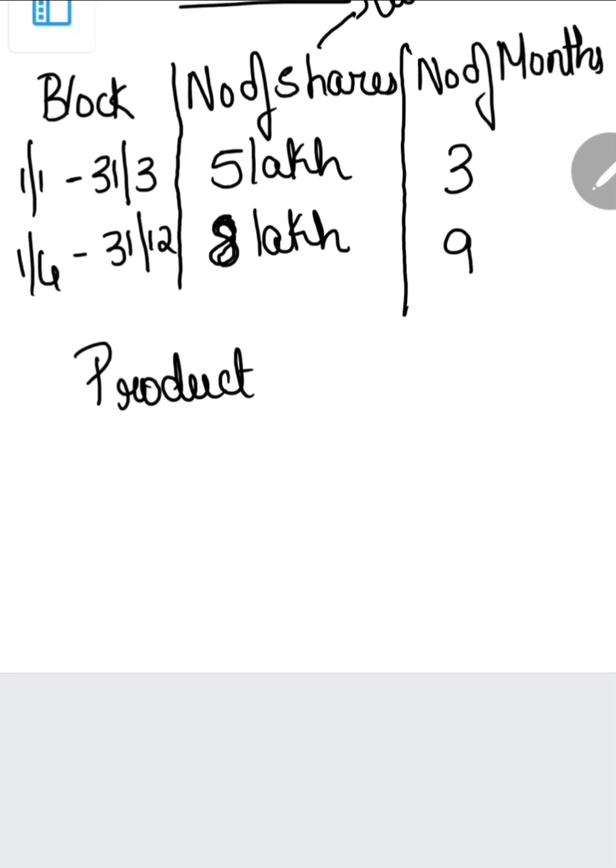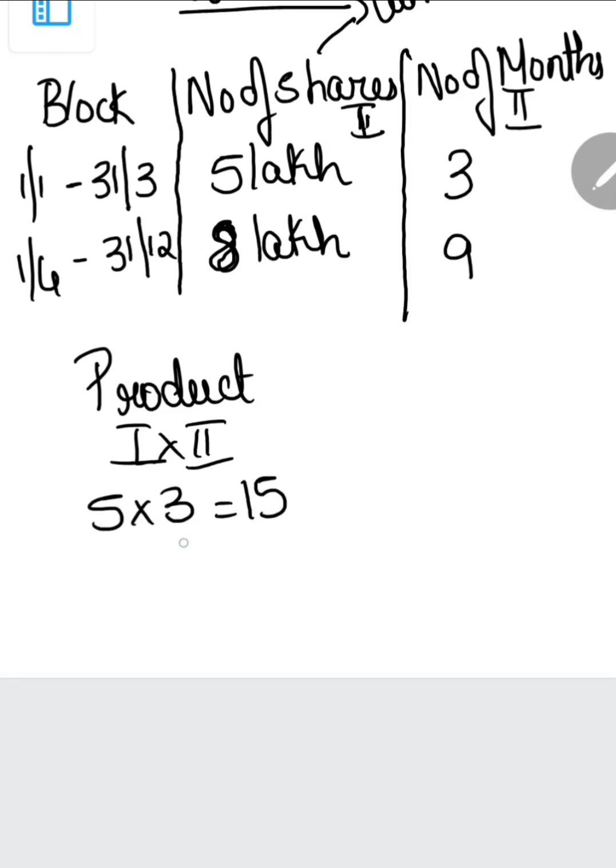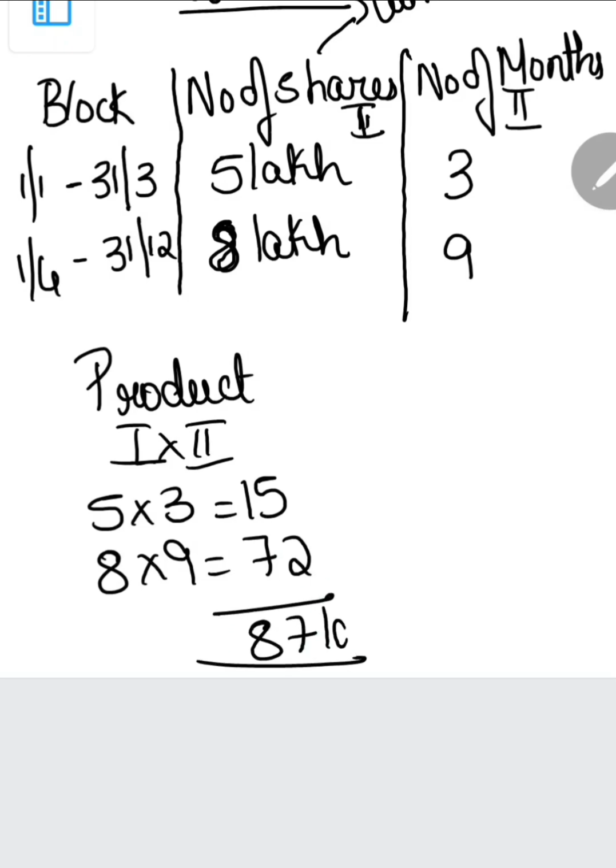Now let's calculate the fourth component or the fourth column, that is the product, which will be the product of the second and the third column, that is number of shares into number of months. 5 lakhs into 3 will give us 15 lakhs. 8 into 9, 72 lakhs.